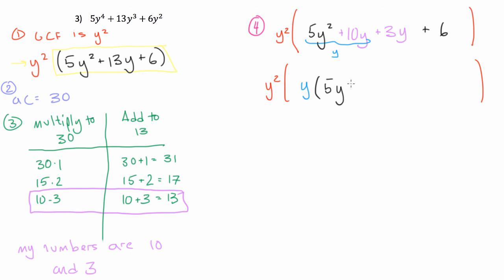So I take out that y, and then I have plus 10. And then I want to see what's common to these two. These have a GCF of 3. So this is what might happen to you if you make a mistake on a problem like this. So I'm going to take out that 3, and what's left is y plus 2.